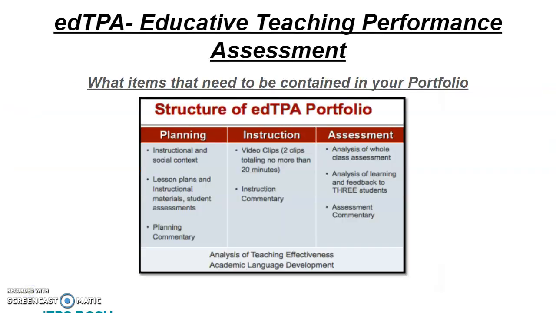What items need to be contained in your portfolio? The portfolio is the keystone project of the whole EdTPA assessment. Within planning, you have instructional and social content, lesson plans and instructional materials, student assessments, and your plan and commentary. Instruction, very important.